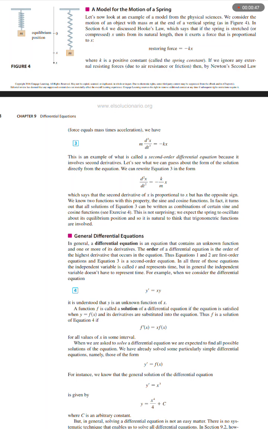If we ignore any external resisting forces due to air resistance or friction, then by Newton's second law, force equals mass times acceleration, we have equation 3: m times the second derivative of x with respect to t squared equals negative kx.